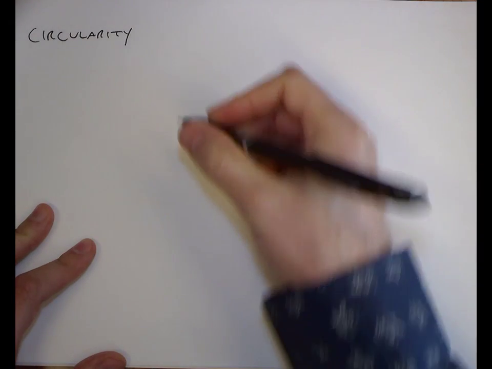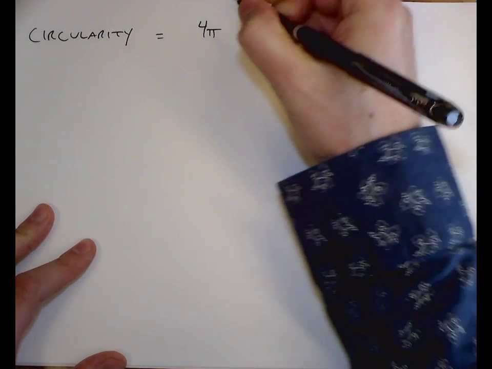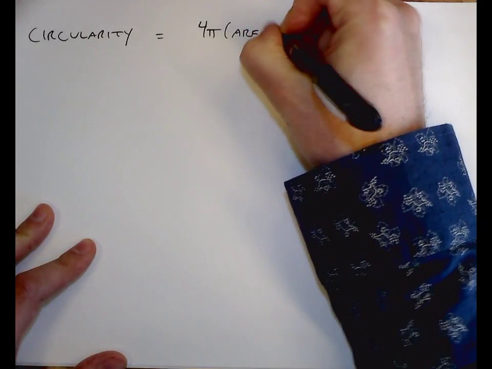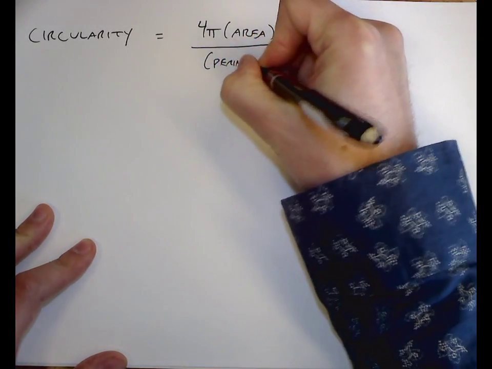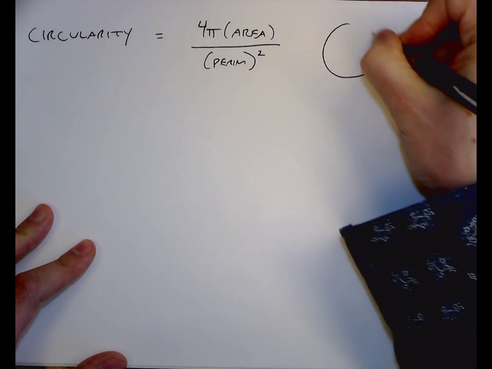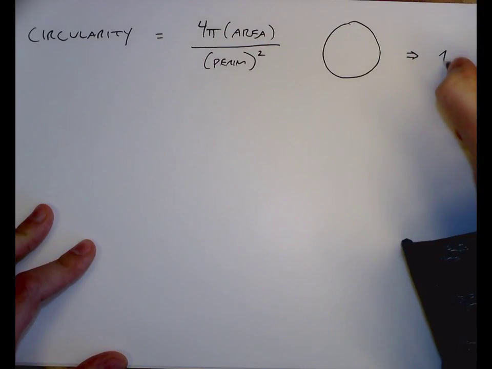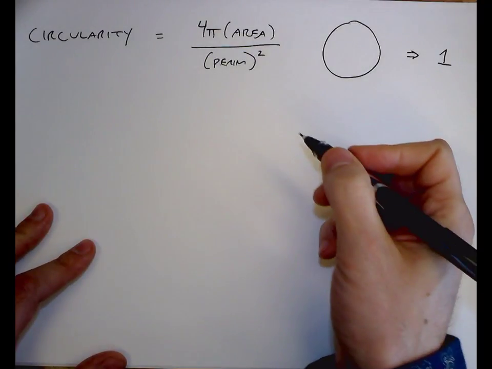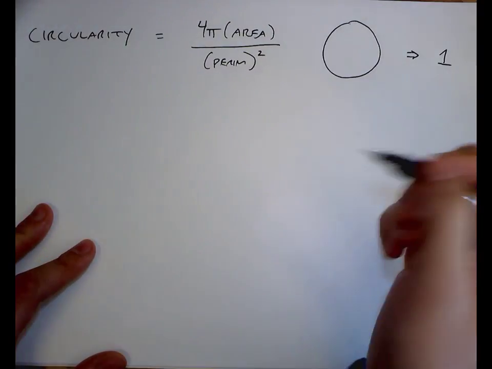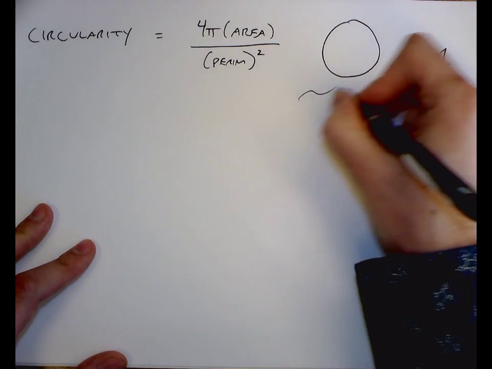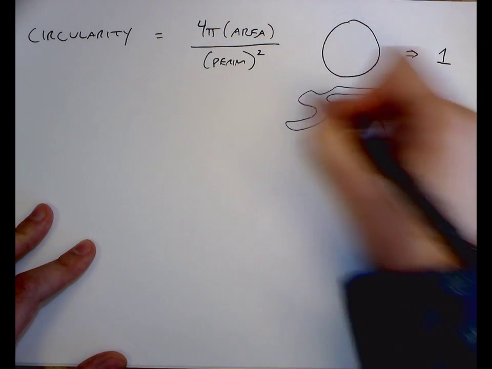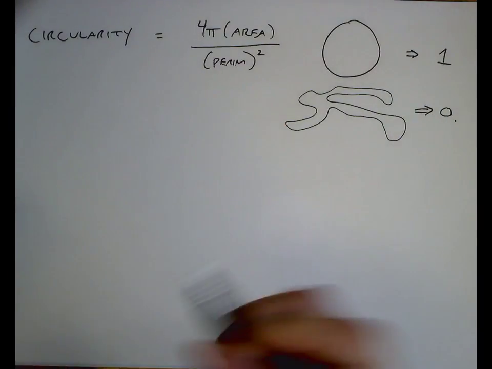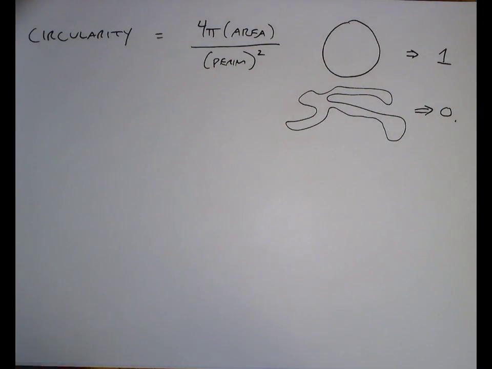The circularity is basically the inverse, more or less, of the compactness, and we have this 4 pi factor, like so. And so for this, the maximum that you could have for a circle would be 1. And for a really squirrely object, it would be small, and the worst case would be basically 0, right? So something where you've got a long perimeter, and this really squirrely object that has the same area, would go to 0, okay? So immediately we could filter on how circular an object is. Okay, we're going to come back to that in just a minute.